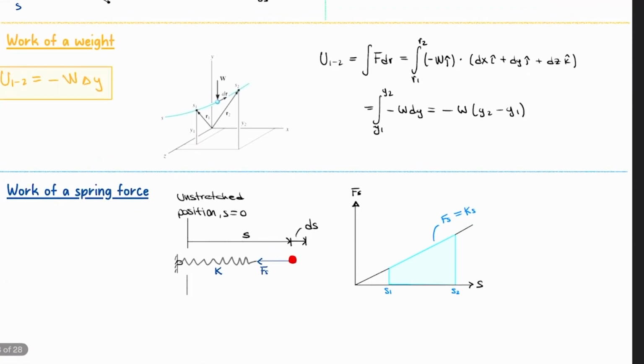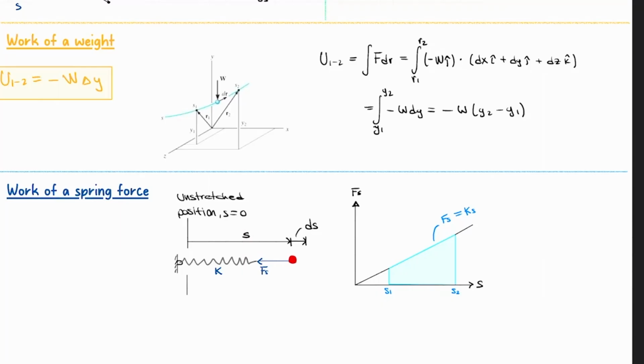Now, when it comes to a spring, we have something similar. Notice that as you push the spring, you are doing a deflection on the spring. The spring is getting compressed, so there's a change in distance s.